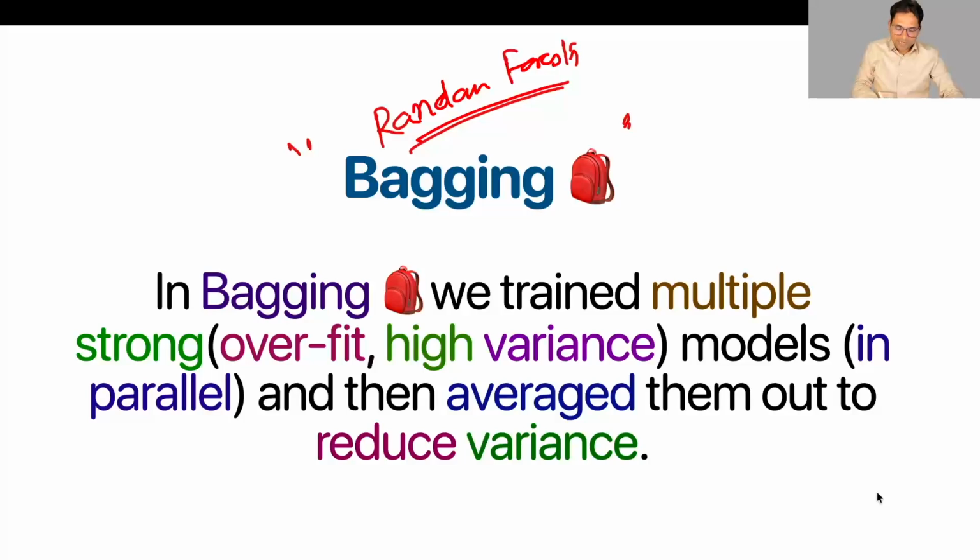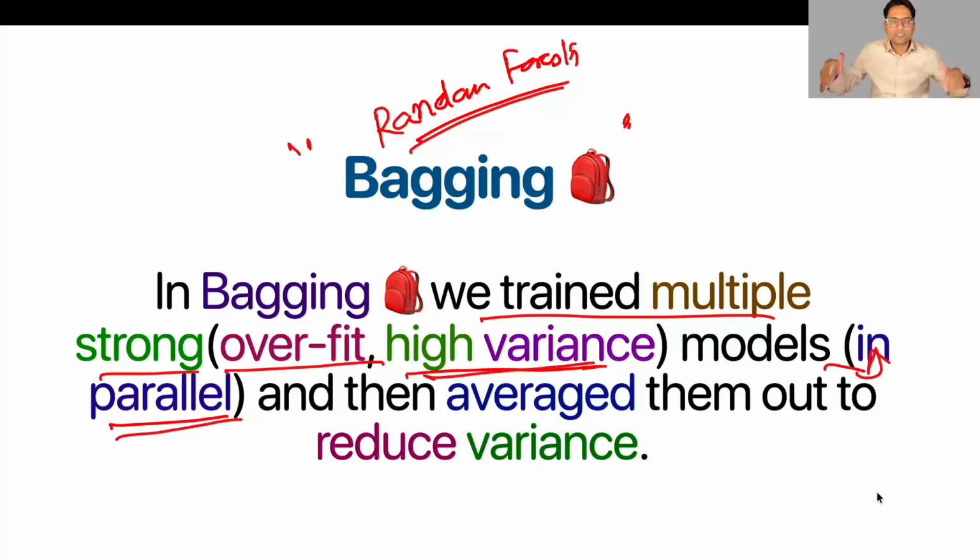So in bagging we saw that we trained multiple strong or overfit models, which were high variance, and then we average them out. That could be done in parallel because those trees can be trained in parallel, each was a different tree, and then we average them out, and the averaging brought the variance down.